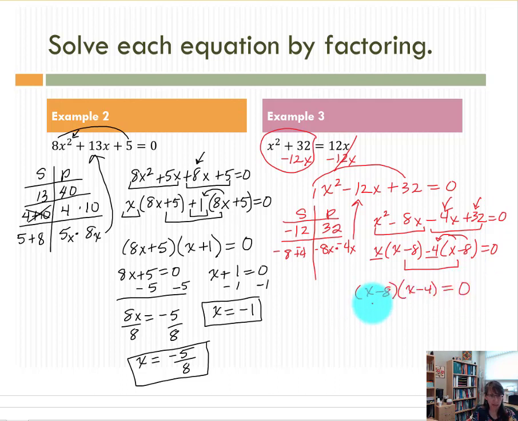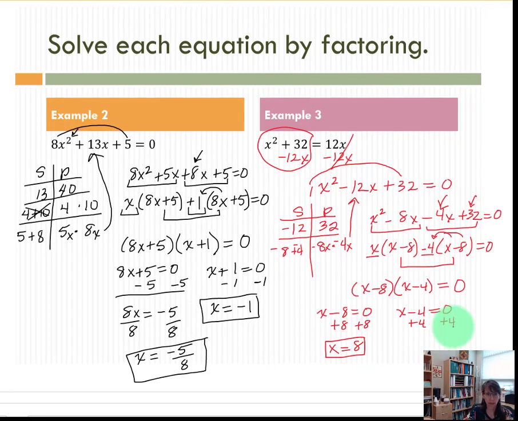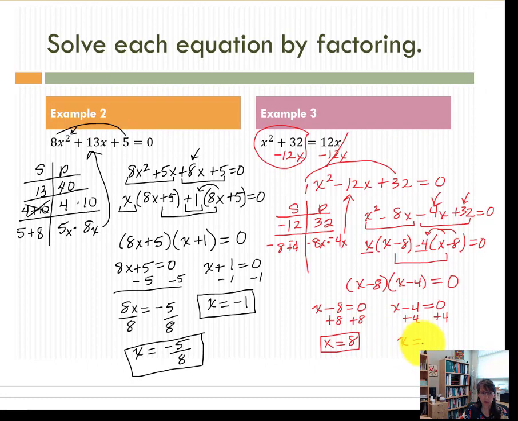Zero factor property tells us to set each of our factors equal to 0 and then solve. By adding 8, I can see one solution is x equals positive 8. By adding 4, I can see the other solution, x equals positive 4.